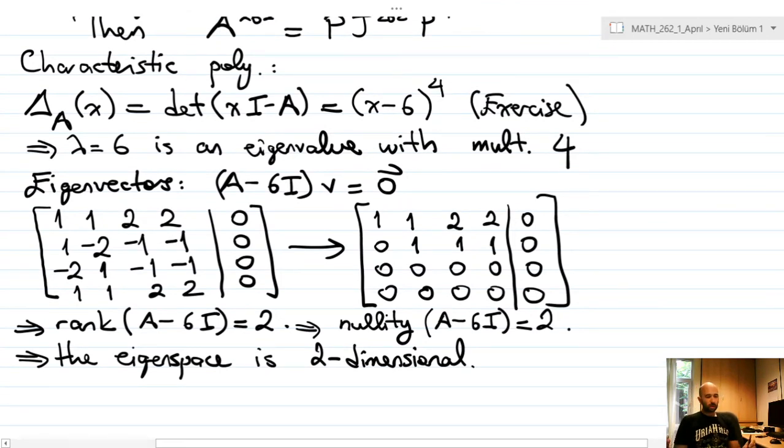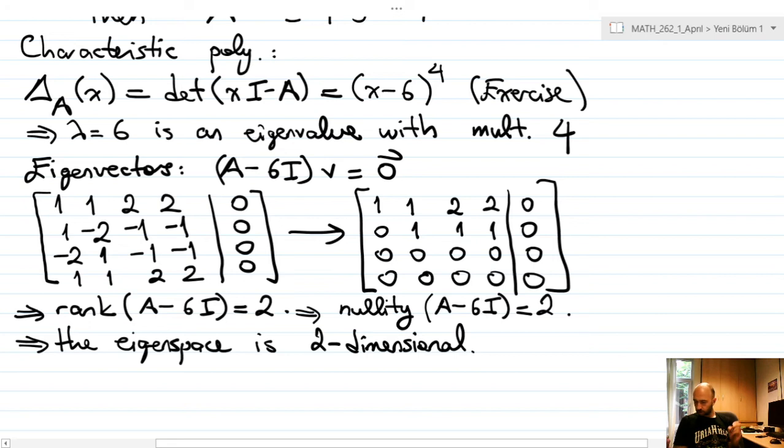Now, this immediately puts a big restriction on the possible Jordan forms. Maybe let's concentrate on this point. Each Jordan block would contribute 1 to this dimension, because for each Jordan block, you would get 1 independent eigenvector for that eigenvalue.